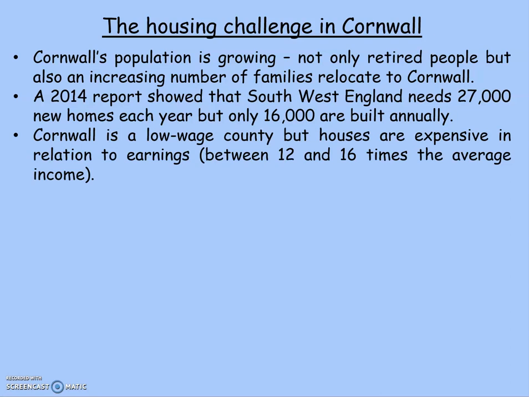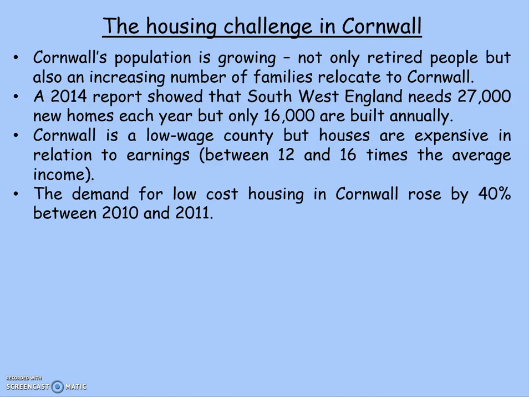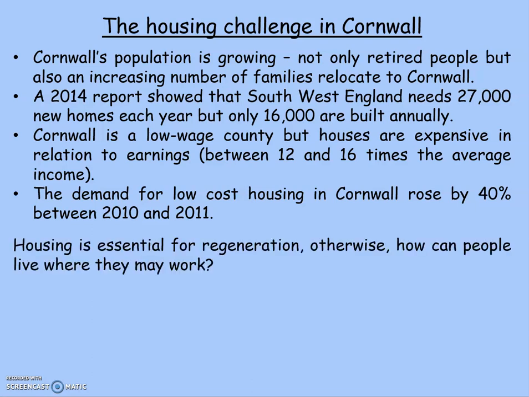It's a low wage county, so average wages are quite low, but houses are quite expensive relative to earnings. And the demand for low-cost housing rose quite substantially in just 2 years. So housing is essential for regeneration because people have to live somewhere if they work somewhere.